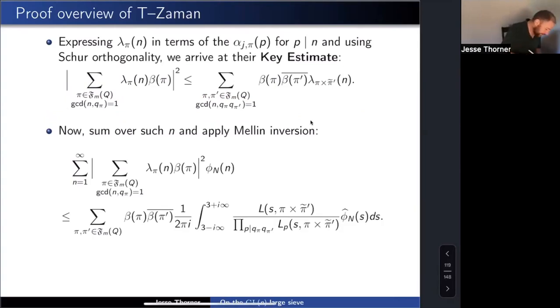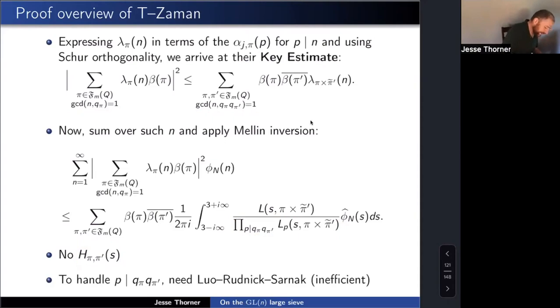And now we have a contour integral involving the Rankin-Selberg L-function. In order to handle these GCD constraints, we have to separately discard the contribution from the Euler factors arising from the ramified primes. So now there's no function h of s that is holomorphic only in a certain half plane.